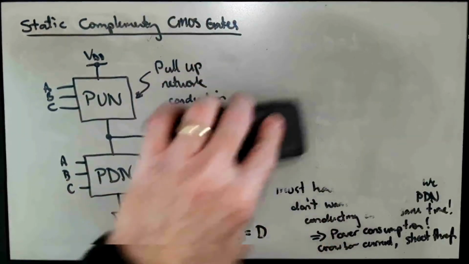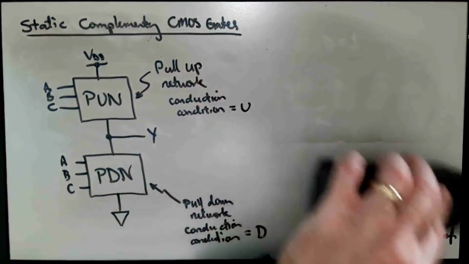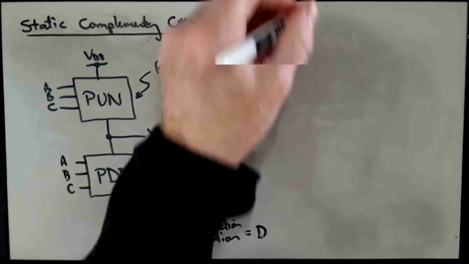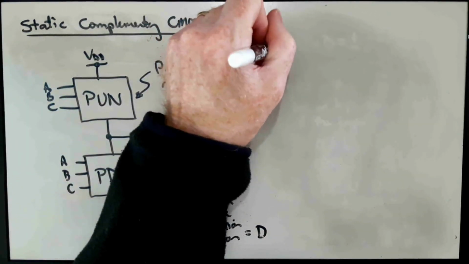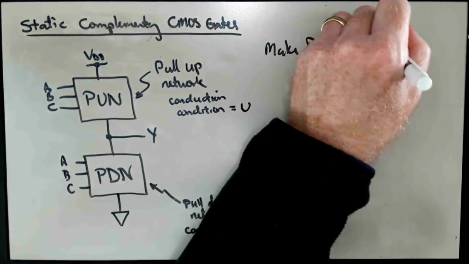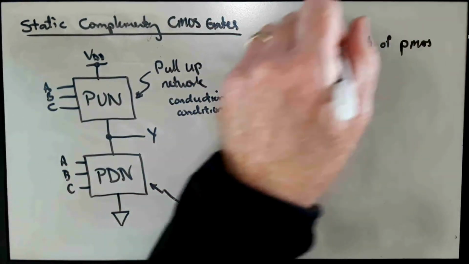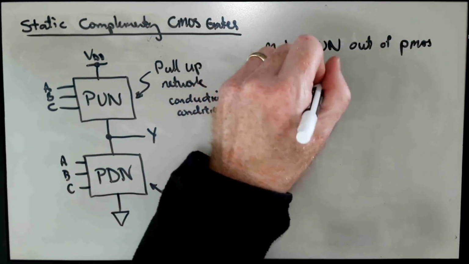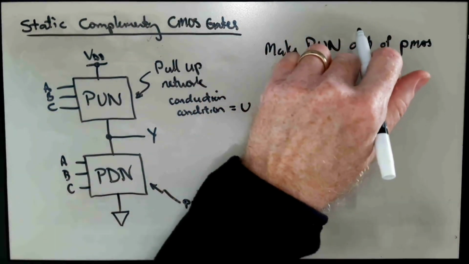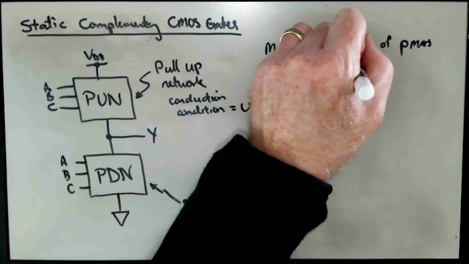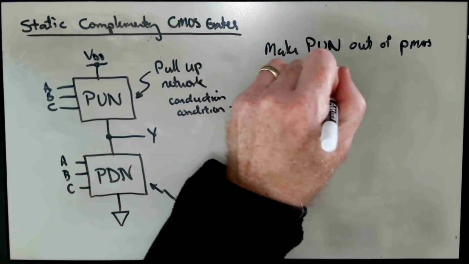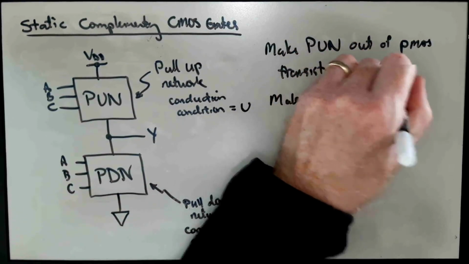Okay, some other considerations. We make the pull-up network out of Pmos transistors, and we make the pull-down network out of Nmos transistors.